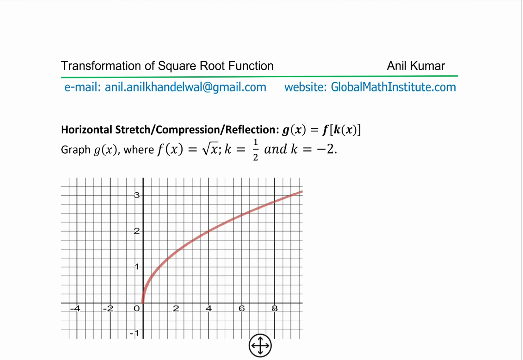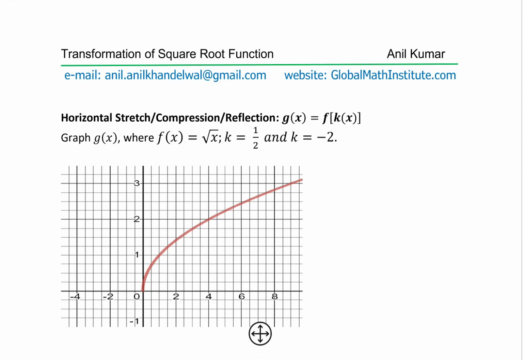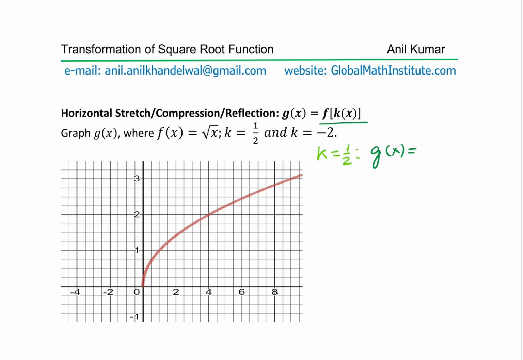The k values this time are half and k equals minus 2. So let's take the value of k as equal to half first. In that case, g of x can be written as square root of half x.